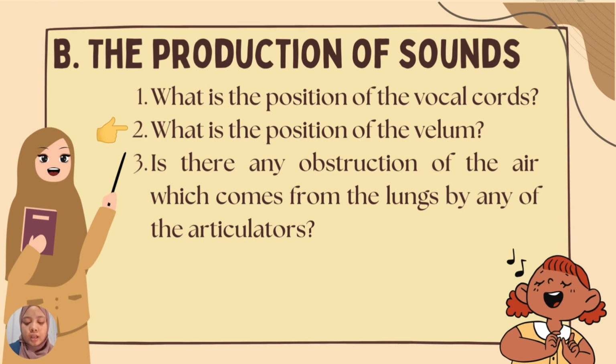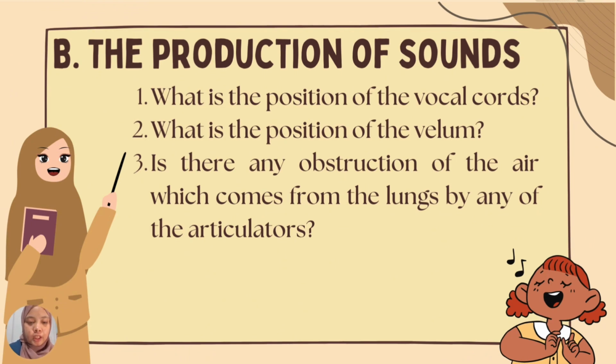In such a case, the sounds produced are called oral sounds. On the other hand, when the velum does not connect to the back of the throat and lets the air pass through the nose, then the sounds produced are called nasal sounds.